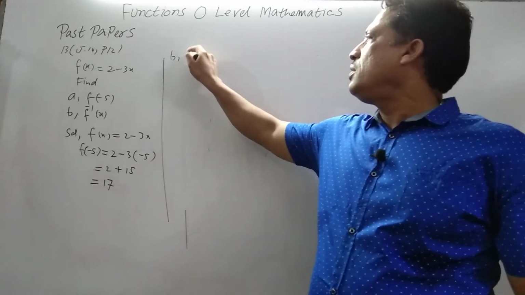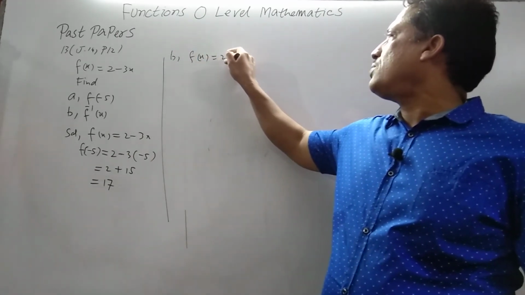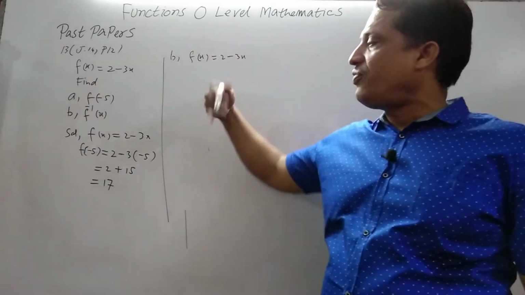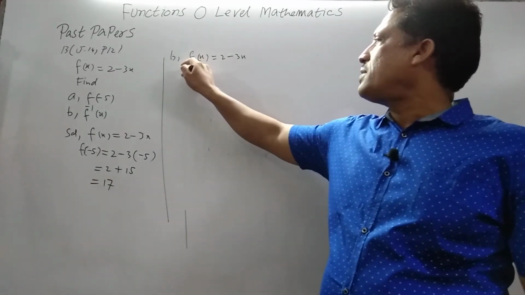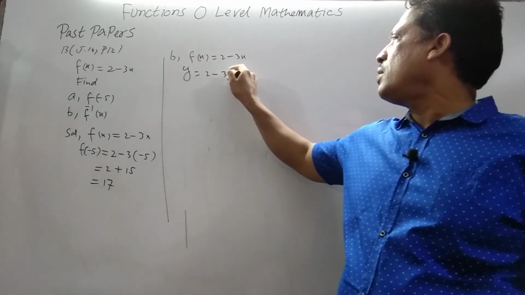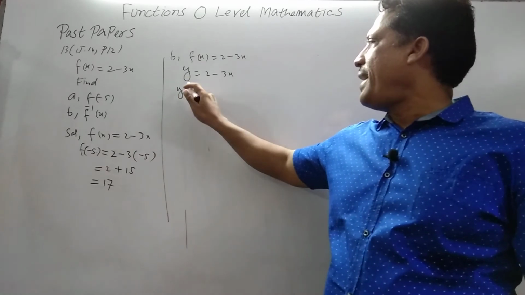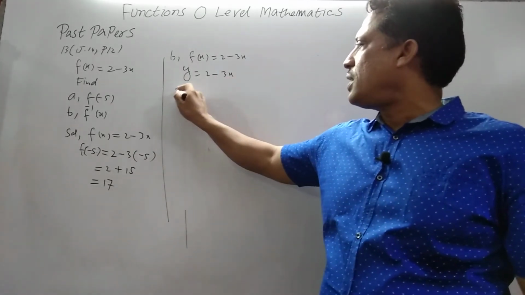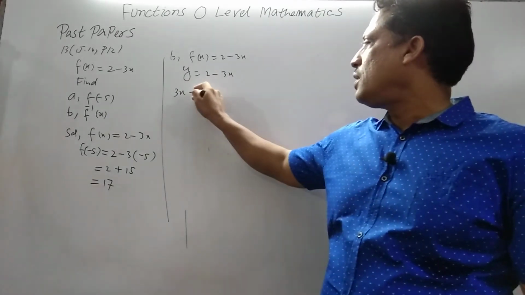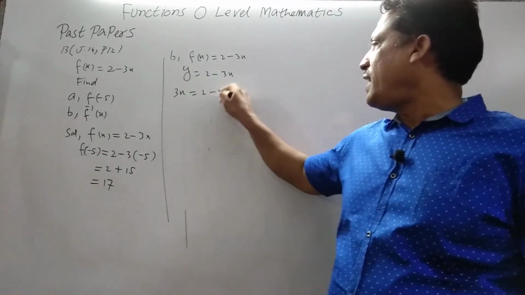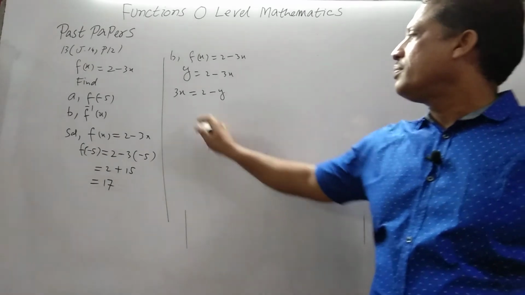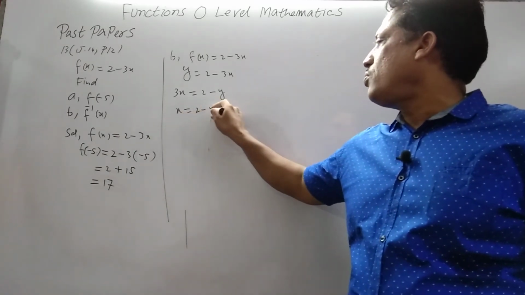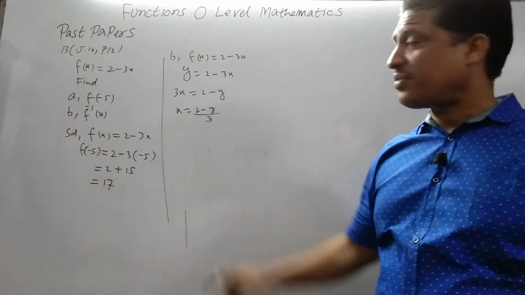Next part is part B. Same question. f(x) is equal to 2 minus 3x. We have to find f inverse x. Replace f(x) by y. Next, make x the subject of the given formula. Move this minus 3x to the other side, it will become plus 3x. And move this y to the other side, it will become minus y. Then x is equal to (2 minus y) over 3.